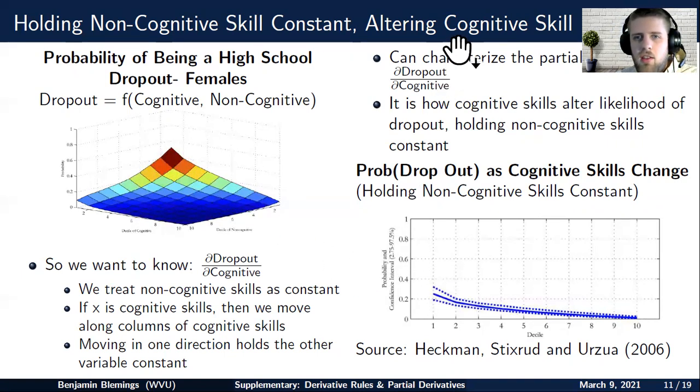And so you can see that we can characterize that partial derivative and show how, if we alter our cognitive skills a little bit, that is, we go from not that skilled to very skilled cognitively, how is that going to affect our probability of dropping out? And for somebody with the same amount of non-cognitive skills, the more cognitively skilled are less likely to drop out.